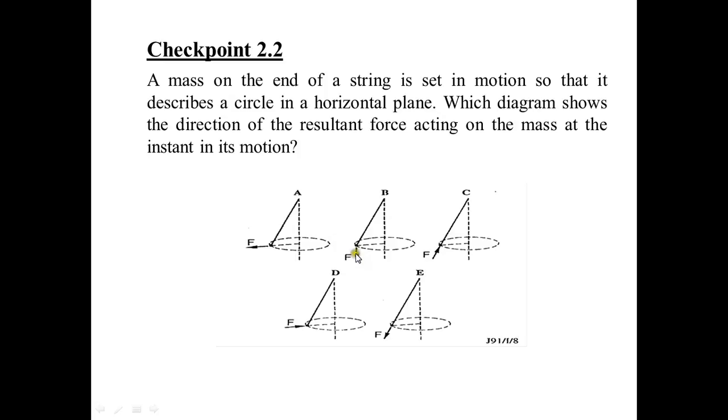B is also out, because the centripetal force can't be acting down when the object describes a circle in a horizontal plane. C also. D, yes. You can see that the centripetal force is directed towards the center of the circle. And E, no. So with that, the answer is D.